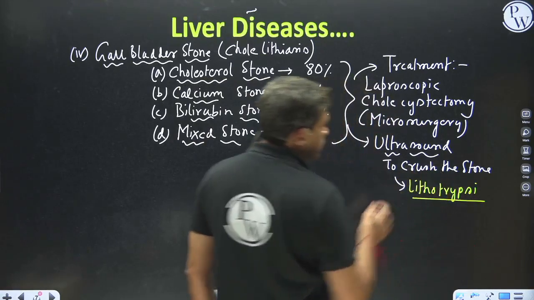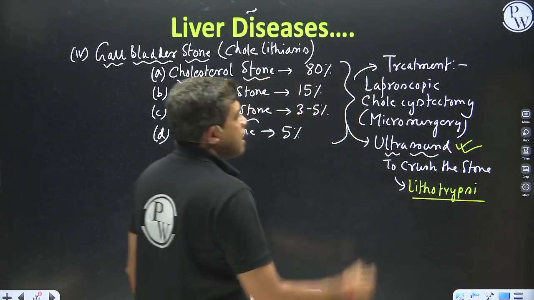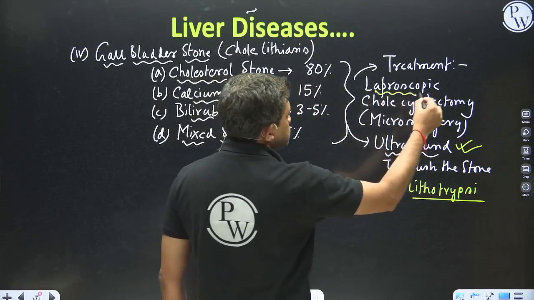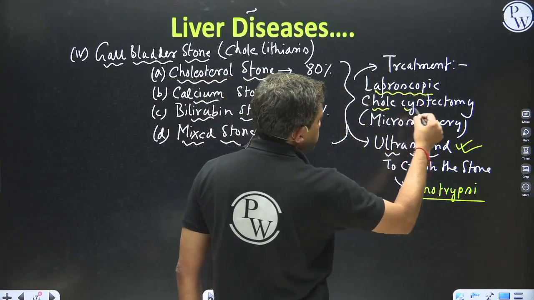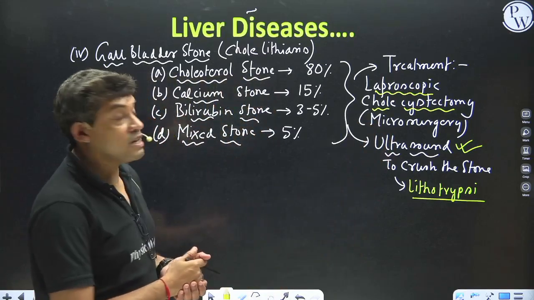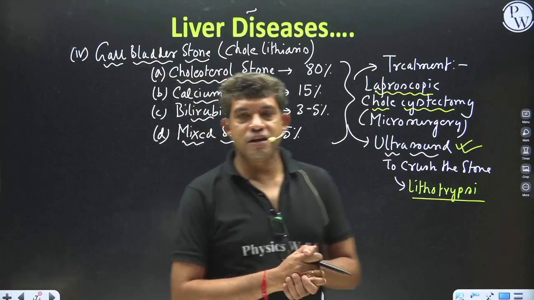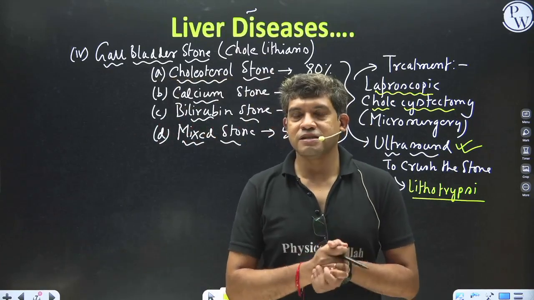Lithotripsy is using this type of ultrasound technique to crush the stones, understand? And in laparoscopic cholecystectomy, we are using a laparoscope to identify these stones, and ultimately we can crush them by using the lithotripsy method, and we can use ultrasonography.